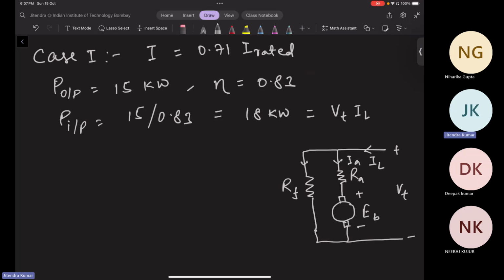This is IA, this is IF. Right? So input power is nothing but VT into IL, from this circuit you can see.